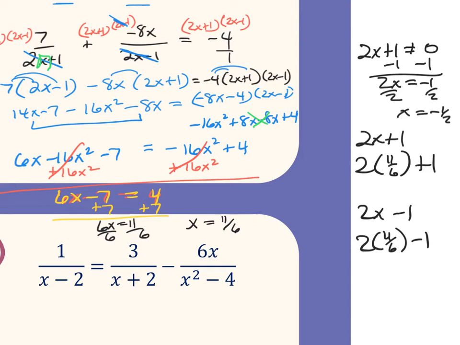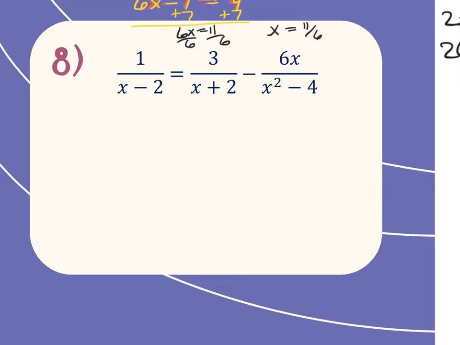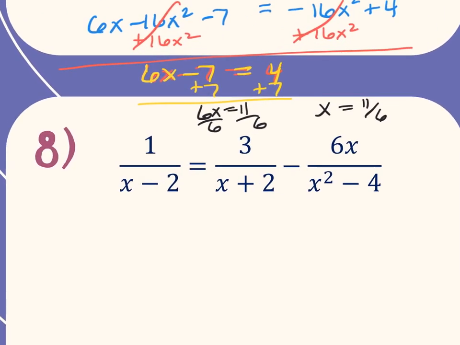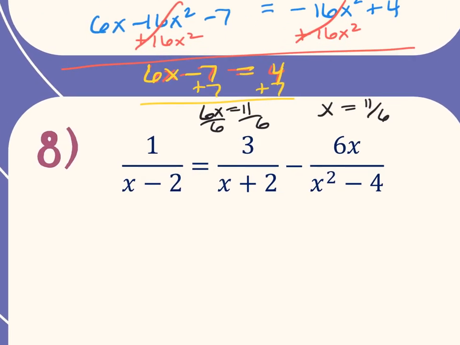All right, let's try number 8 because it'll actually fail on number 8. And the bell's going to ring, but let me see if I can get through this. So my common denominator is going to be this. So I'm going to multiply each one. Let me see if I can rewrite it. So x minus 2 and x plus 2, because that's what this factors into.